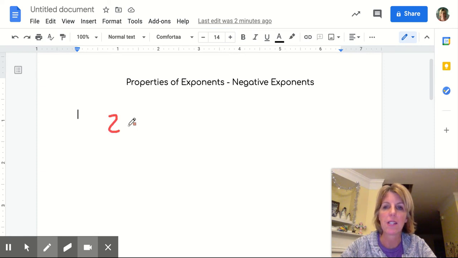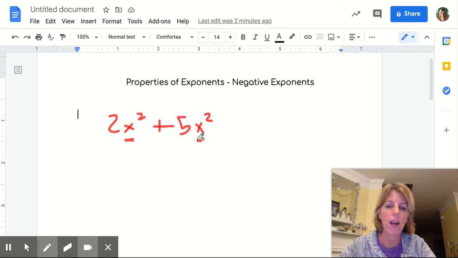If I have something like 2x squared, and I'm going to add 5x squared to that, if I'm adding or subtracting, and what I'm adding or subtracting is the same thing, so I have x squareds and I have x squared, that x squared is the same as a label. It's the same as if I said cats plus cats or dogs plus dogs.